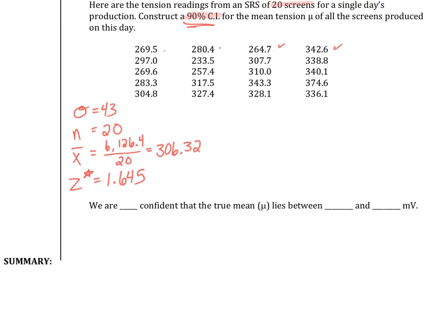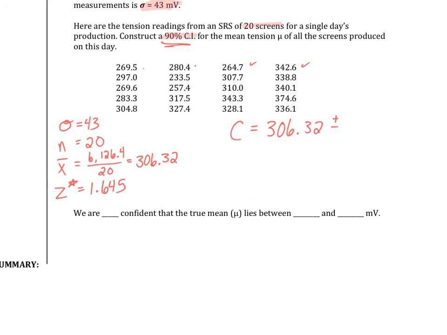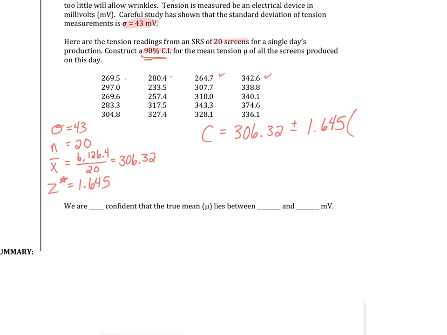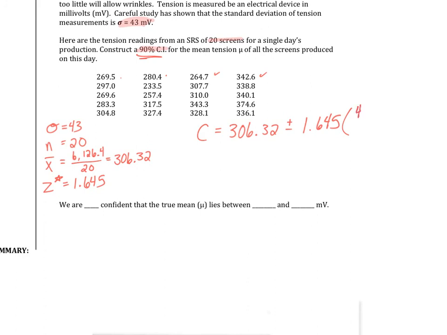So we gotta do our equation, the C equation. So C equals X bar, which is 306.32, plus or minus Z star, which is 1.645, times the standard deviation, which is 43, divided by the square root of n, and this time n is 20.